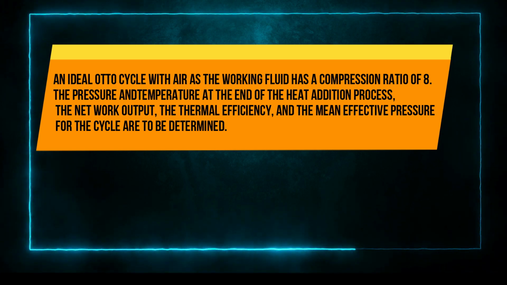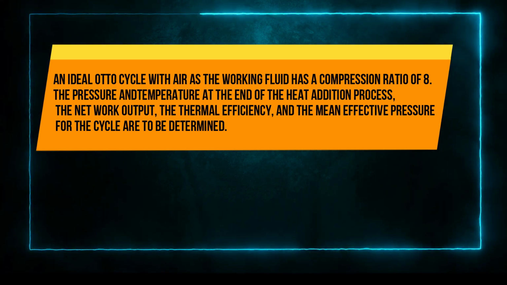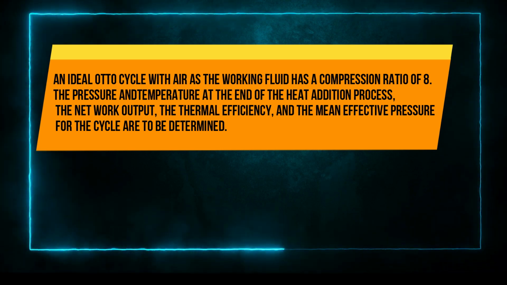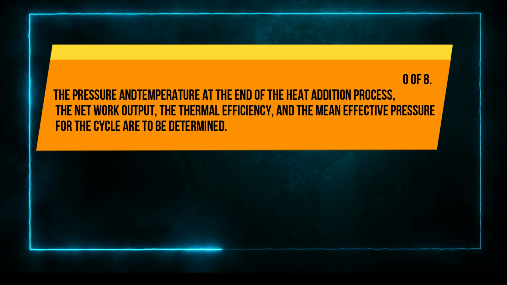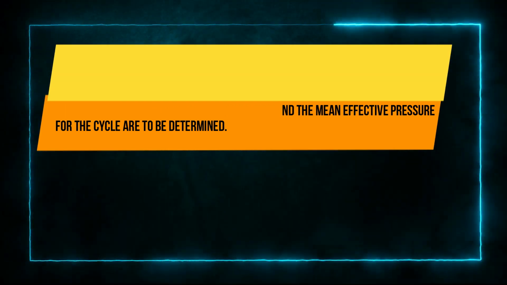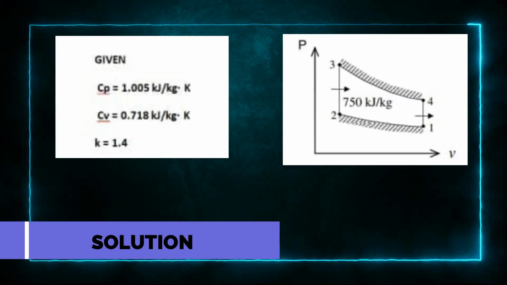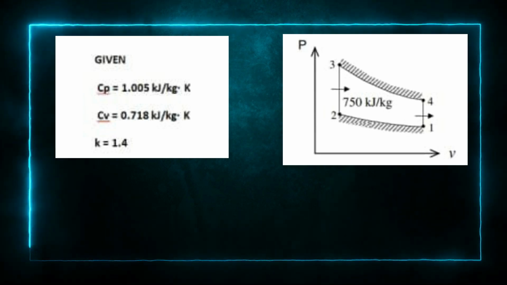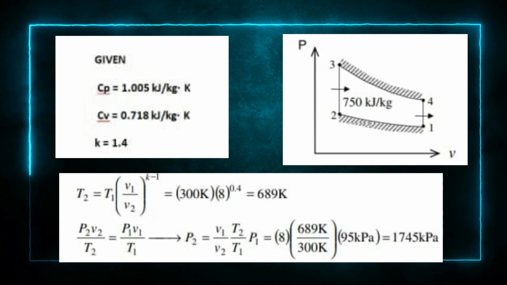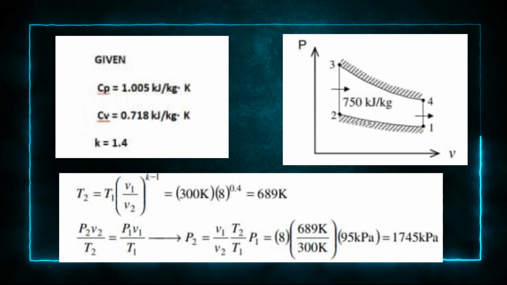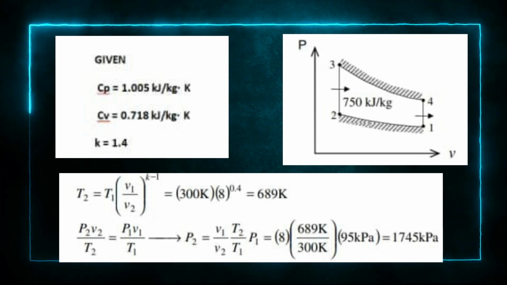The pressure and temperature at the end of the heat addition process, the net work output, the thermal efficiency, and the mean effective pressure for the cycle are to be determined. The graph will be like that, and given is Cp equals 1.005 kJ per kg K, Cv equals 0.718 kJ per kg K, k equals 1.4.